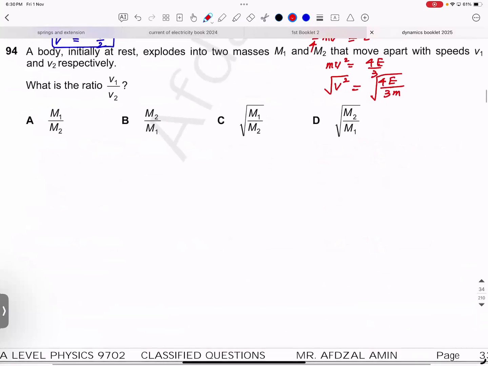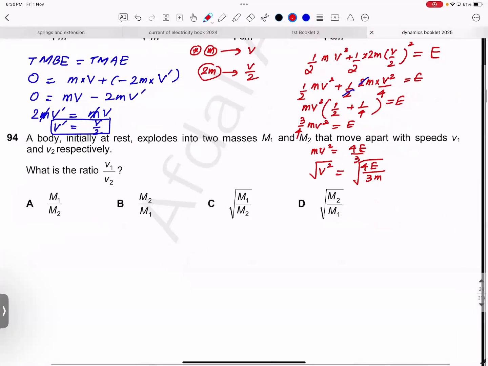Question number 94. A body initially at rest explodes into 2 masses, m1 and m2, that move apart with speeds. This is easier actually. Just apply the principle of conservation of momentum. Total momentum before explosion is equal to total momentum after.